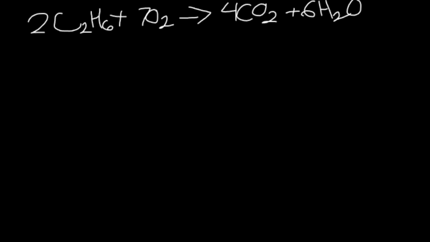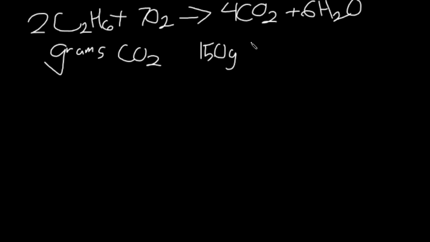Now, using the same balanced chemical formula again, we are going to talk about mass to mass, the most common stoichiometry conversion. So, how many grams of CO2 would be produced if we used 15.0 grams of C2H6?